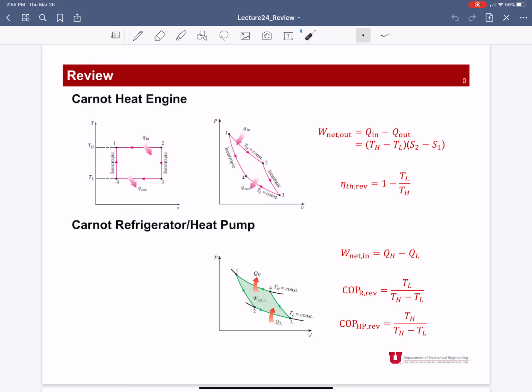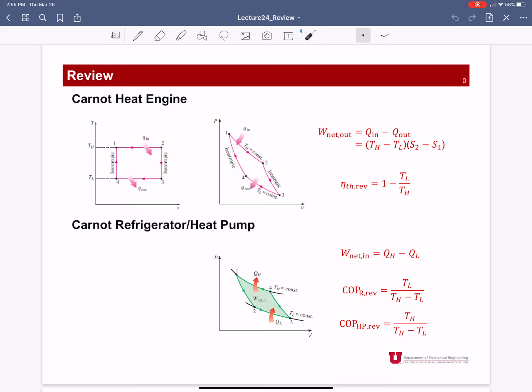The first process is reversible heat transfer in an expansion process from 1 to 2 that maintains its temperature at TH. Then it goes through the isentropic reversible expansion process that changes temperature from TH to TL.